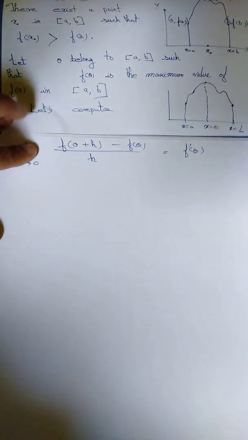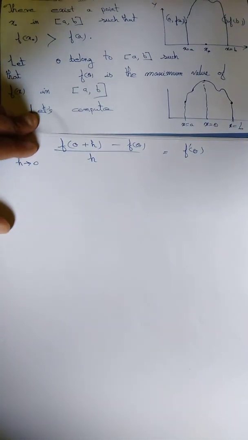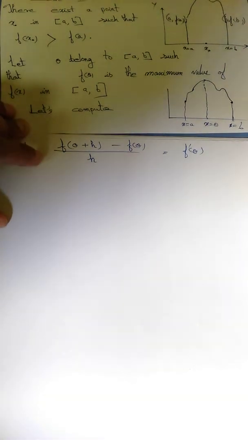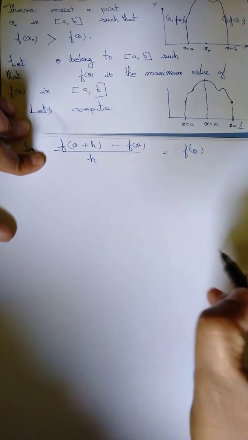Should this limit exist? Yes. Then what should be the value of this limit? We are saying let's compute. We can compute. Let's see how. Now when we talk of limit, we have left hand limit and right hand limit.